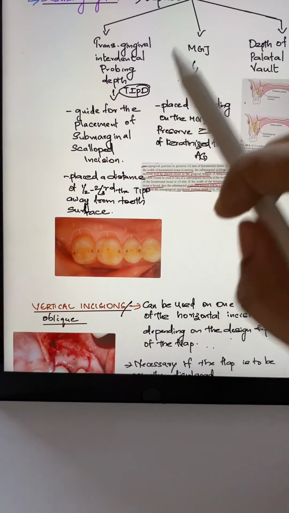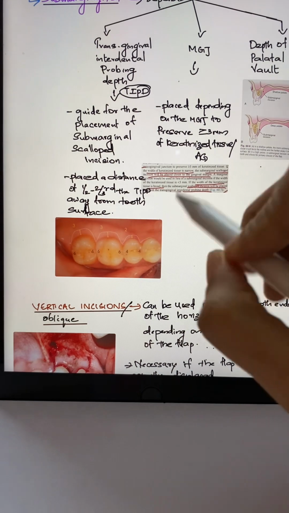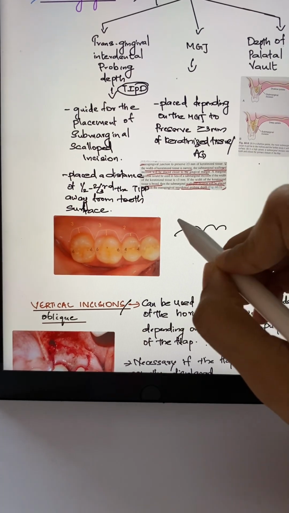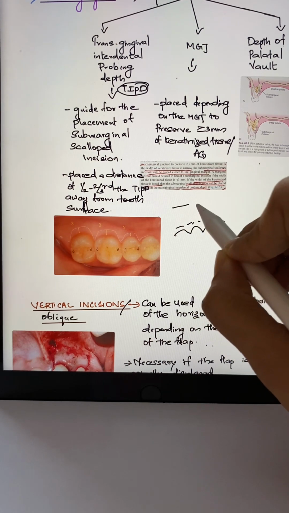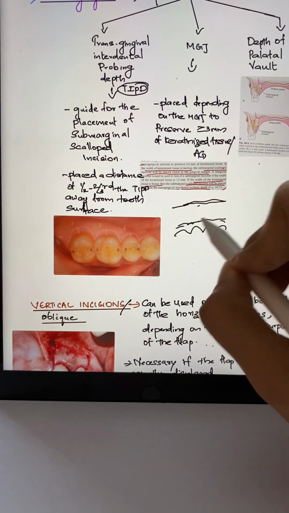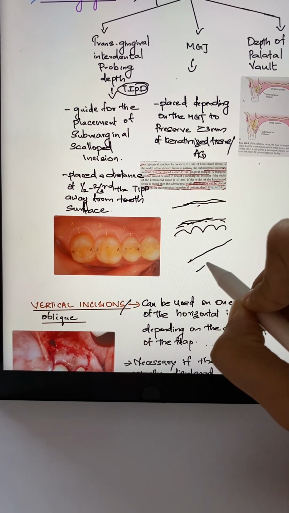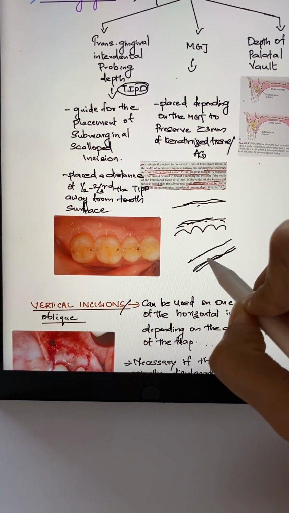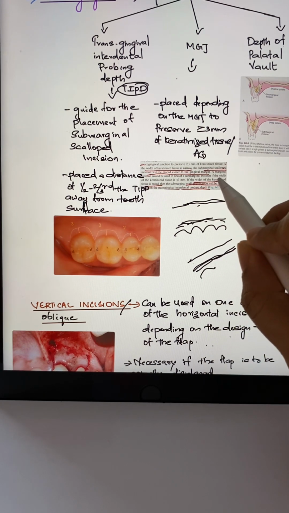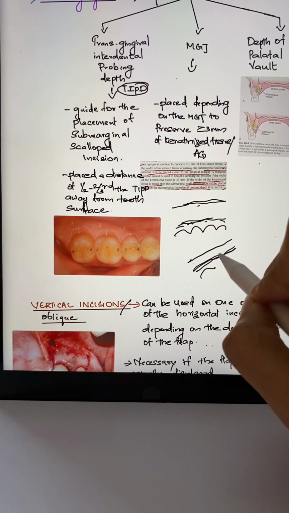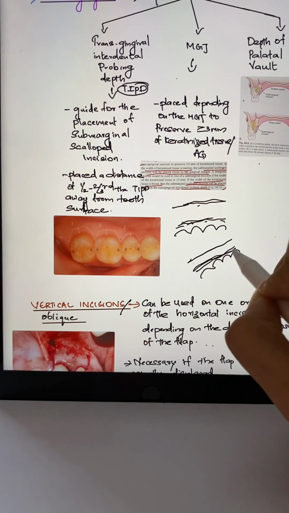If this is the tooth, and this is the marginal gingiva, and this is the attached gingiva, then this much of gap should be there at least. But if the width of the attached gingiva is narrow like this, then the submarginal scalloped incision will be placed closer to the gingival margin.